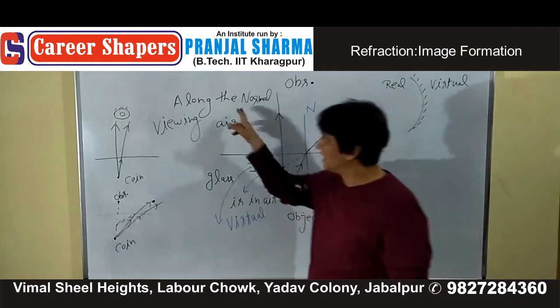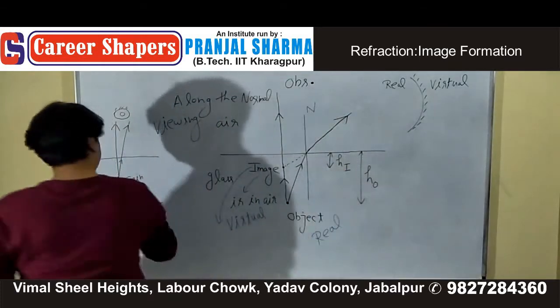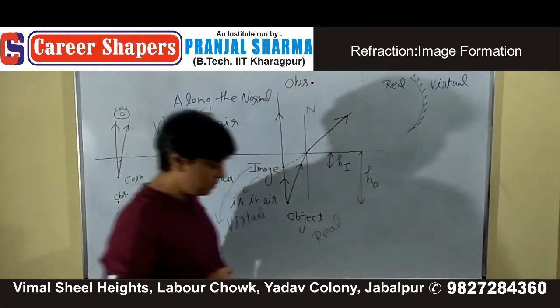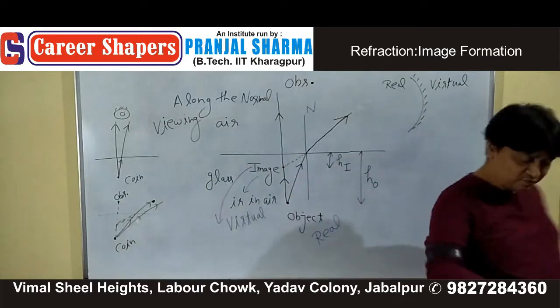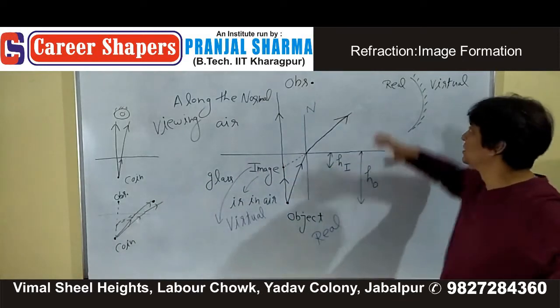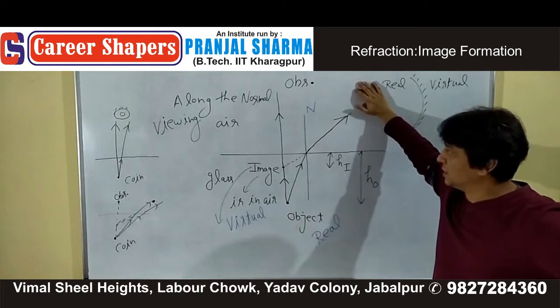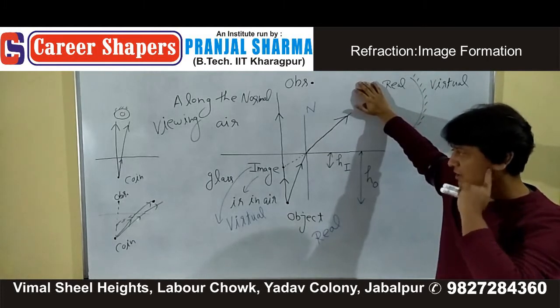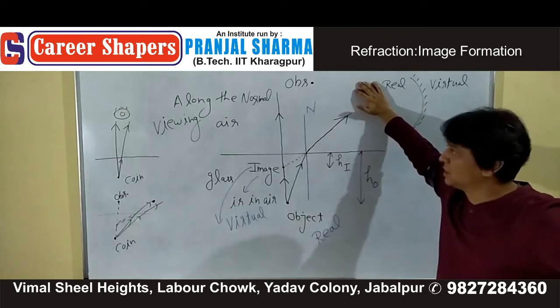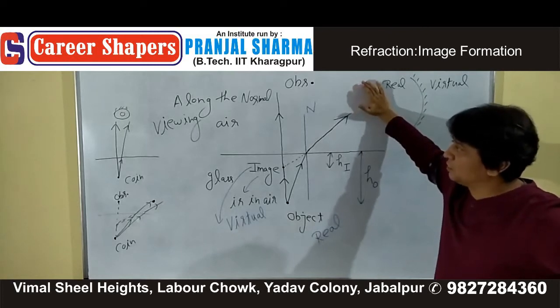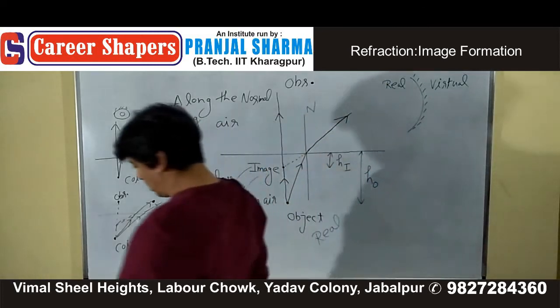Write down the statement. When we say along the normal viewing, it means all the angles involved are very, very small.